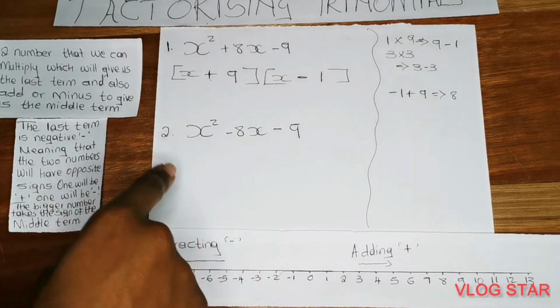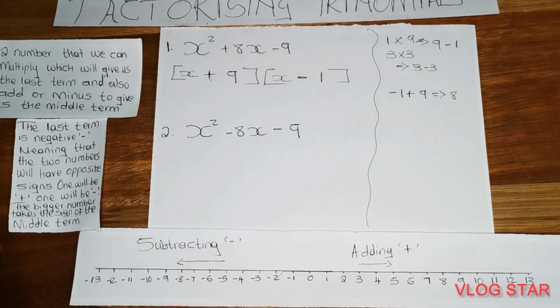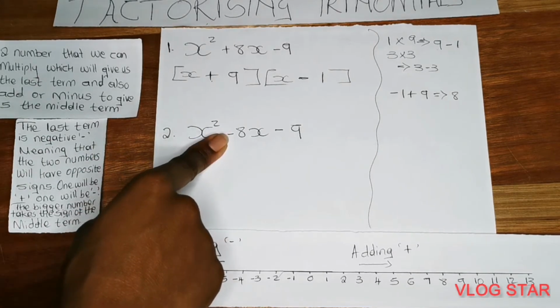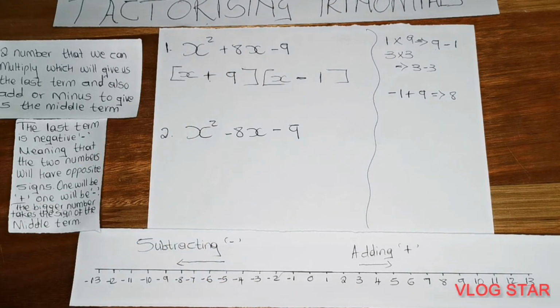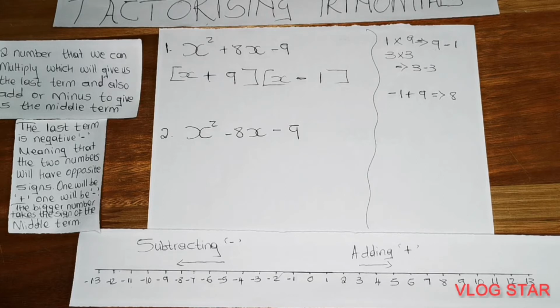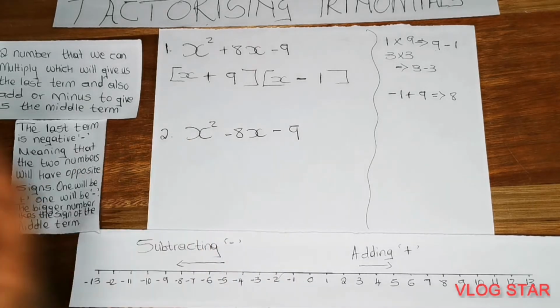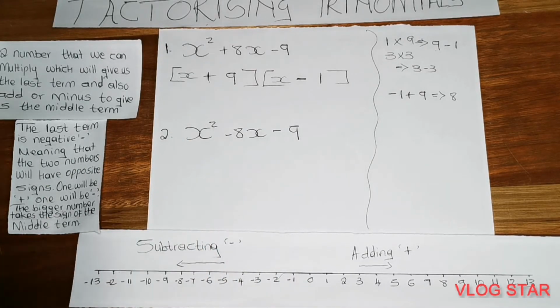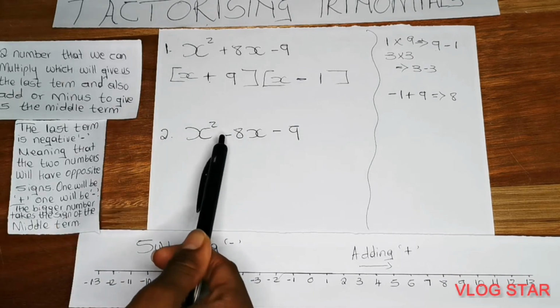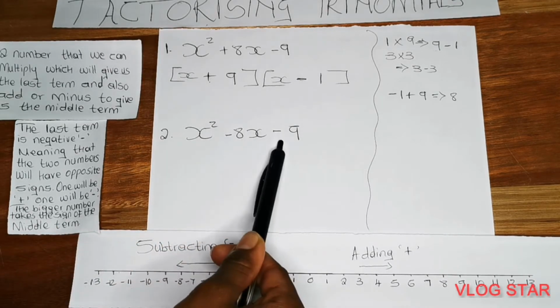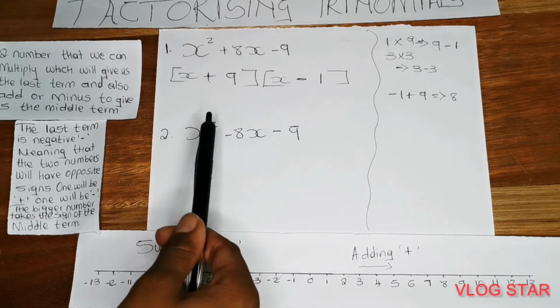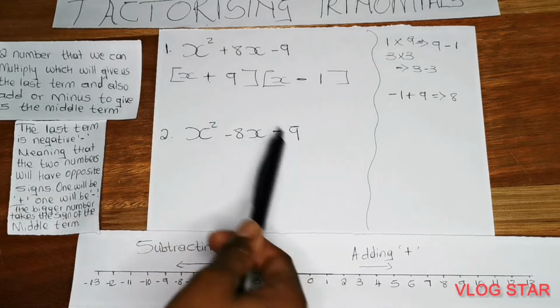So let's move on to the second question. So here you can see that the middle term has a negative sign and the last term also has a negative sign. So which principle am I going to apply here? I brought this question because I know that it can be a lot more confusing to others, asking themselves which principle or which type they should use now.